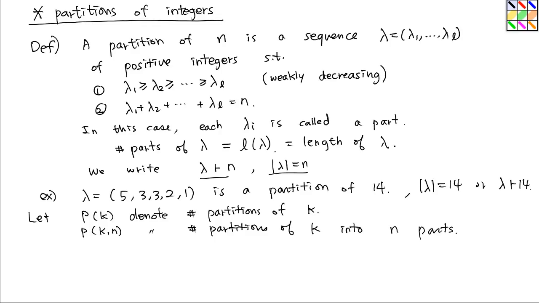So for example, P of 1 equals 1 because the number of partitions of 1 is 1. 1 is the only partition.